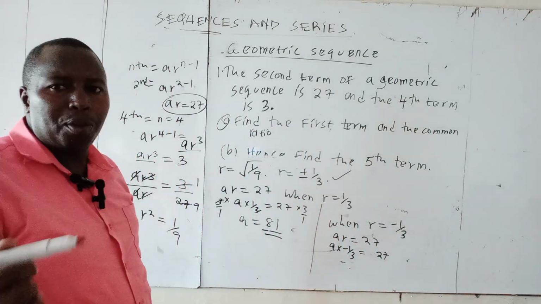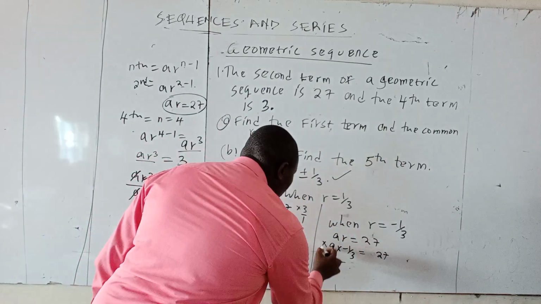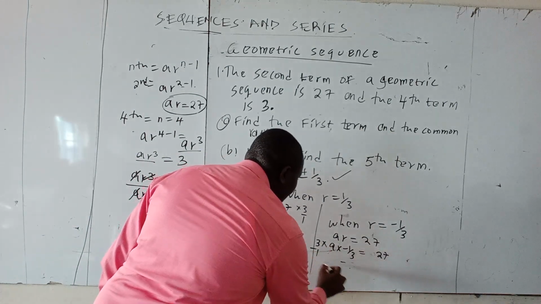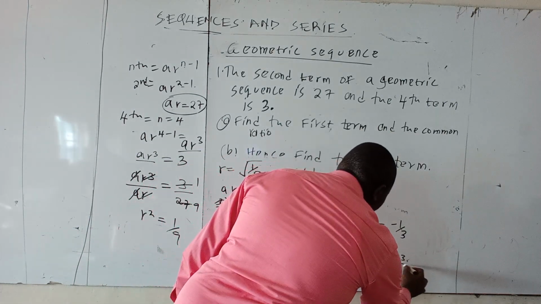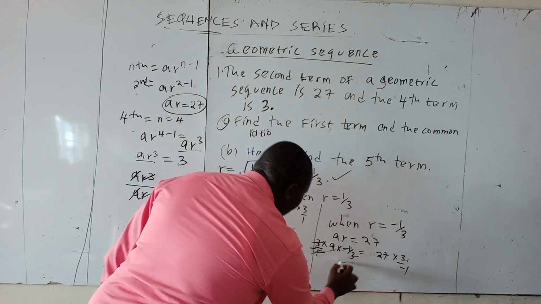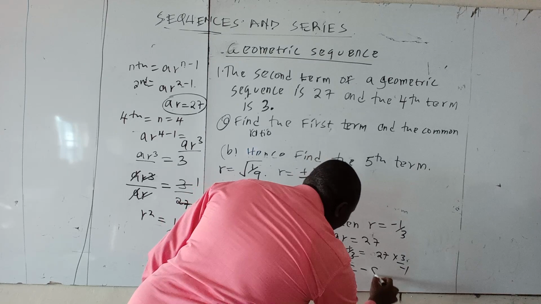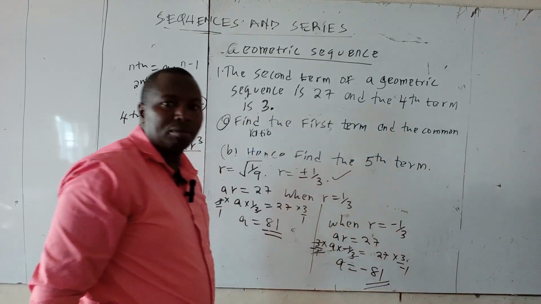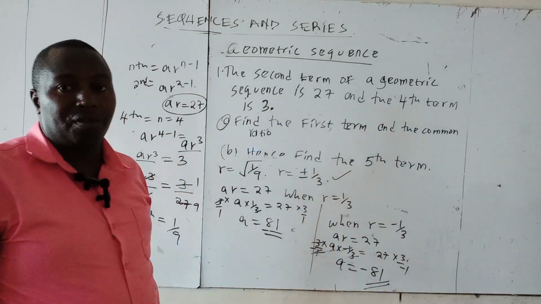So again, multiply both sides by the reciprocal, 3 over negative 1. So our a is equal to negative 81.